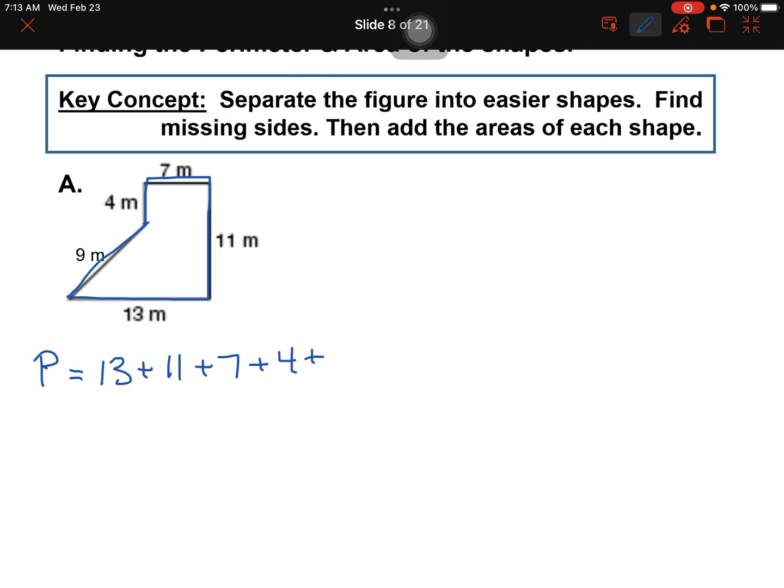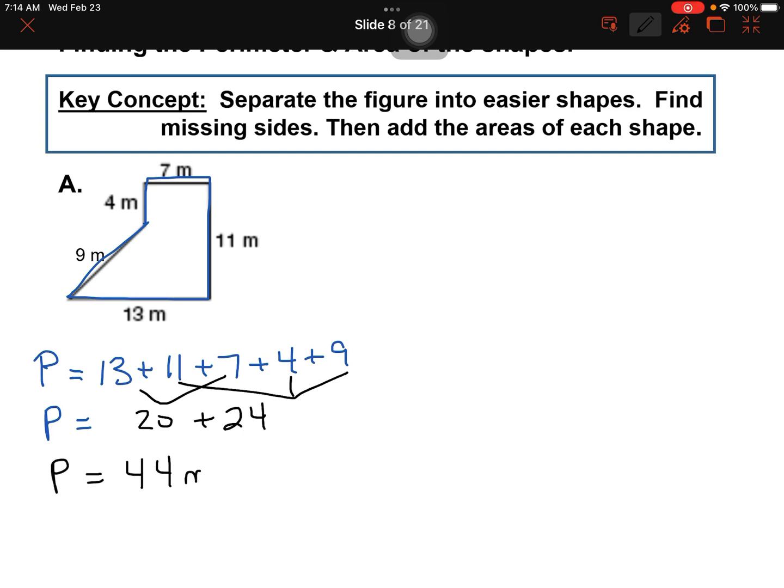Once again, this is a pentagon, so just make sure you have 5 numbers. If you're not using a calculator, it's easier to group. I see that makes 20, plus the 4 would give me 24. And so the perimeter in this shape would be 44. Remember, distance around is just in the units, so this is 44 meters.